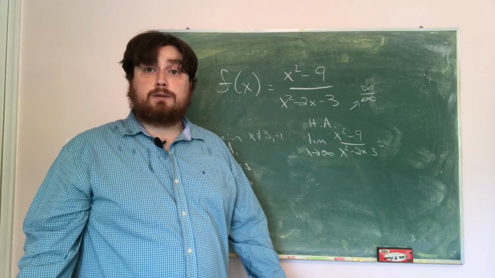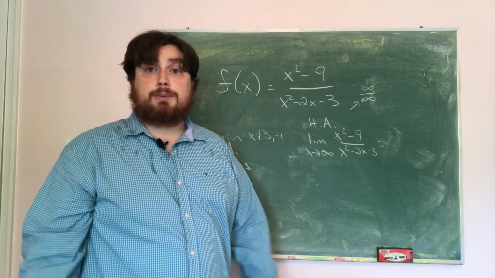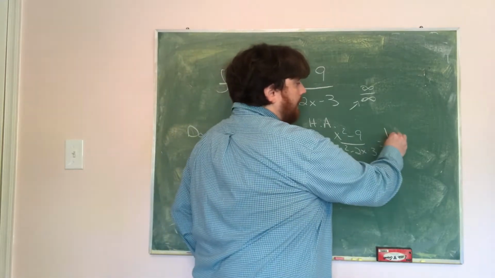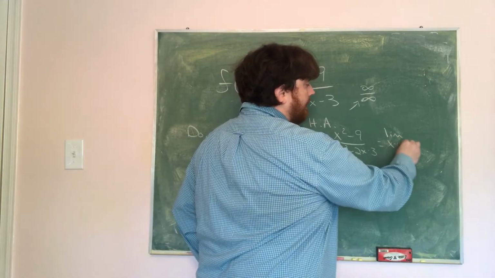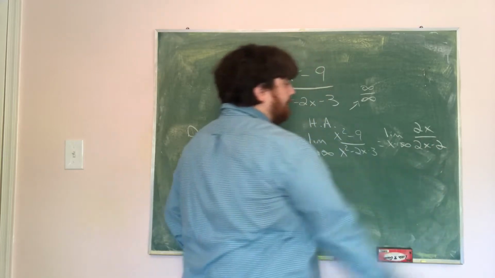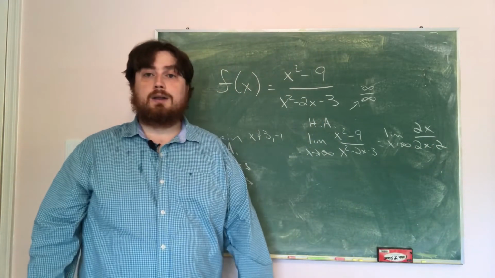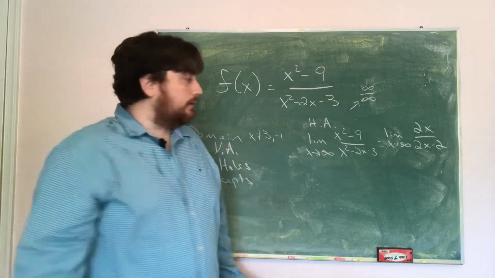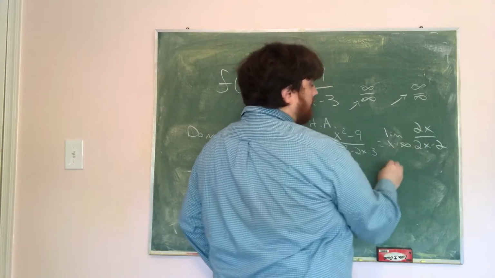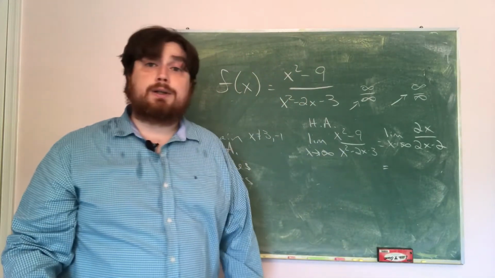Because we get infinity over infinity, we can indeed use L'Hopital's rule. So I'm going to just take the derivative of the top and the derivative of the bottom, and I'm going to get 2x over 2x minus 2. If we again look at this, we plug in infinity, we get infinity over infinity. So I'm going to have to continue using L'Hopital's rule.